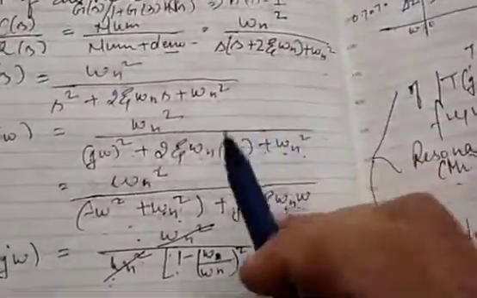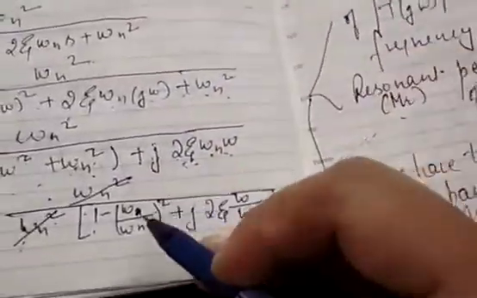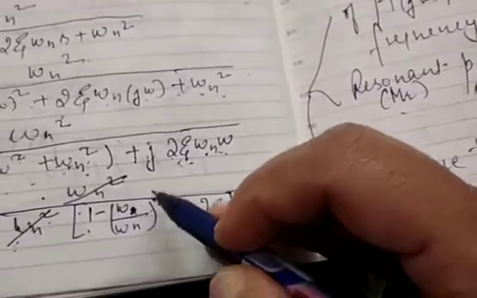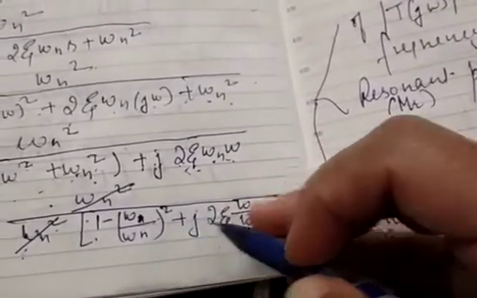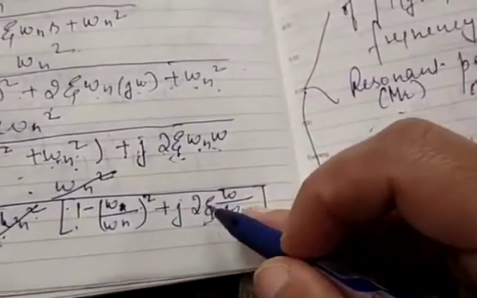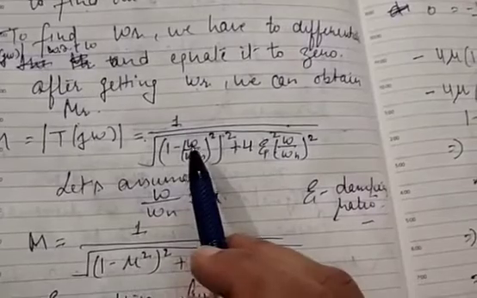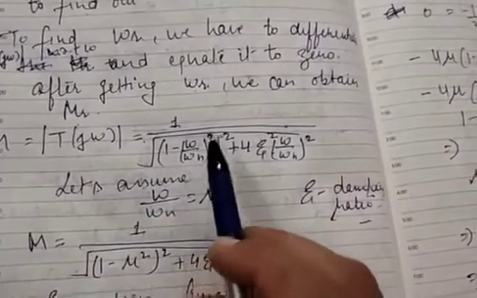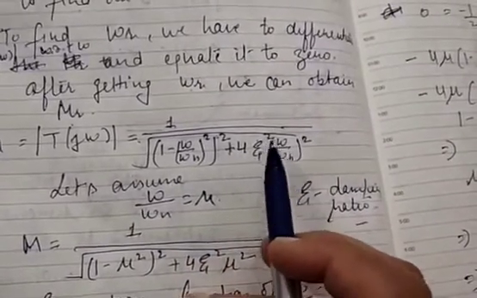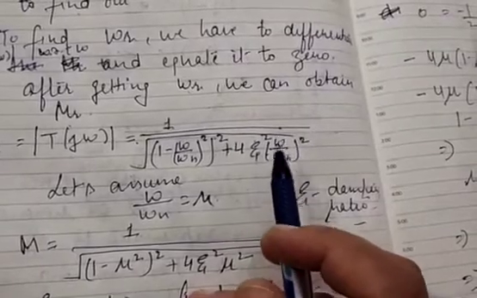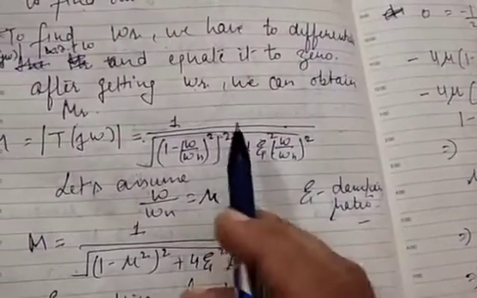Fine. So we can see that the real term is 1 minus (omega by omega n) whole squared, and the imaginary term is 2 zeta omega by omega n. So it is the square root of (1 minus (omega by omega n) squared) whole squared plus 4 zeta squared (omega by omega n) squared.